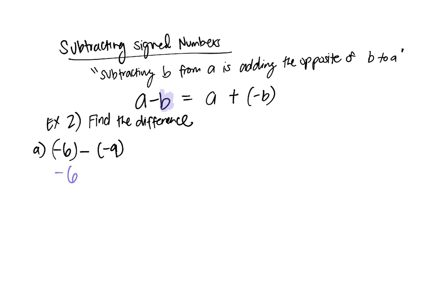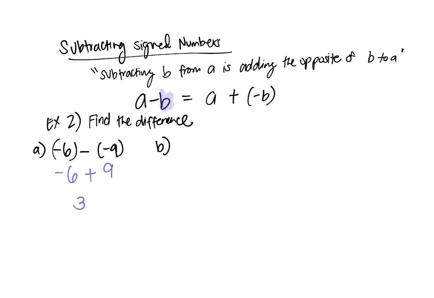So we have negative 6 plus, now change the minus to a plus, and then change the sign of whatever you're trying to subtract. So this is going to become positive 9. Now it's an addition problem, negative 6 plus 9, different signs. I'll take the difference of their absolute values, keep the sign of the bigger absolute value, which makes it positive 3.